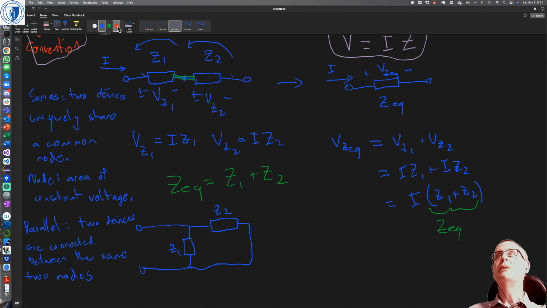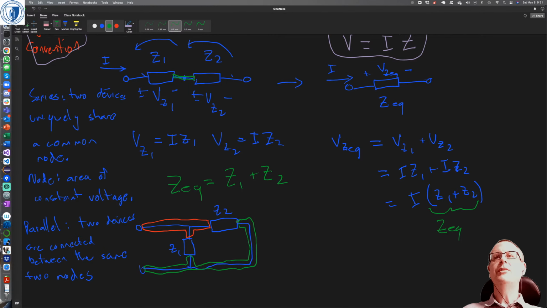Okay, so let's just check that out. So here's one node, and both Z1 and Z2 are connected to it at one end. And here's another node, and both Z1 and Z2 are connected to it at their other ends. Okay, so these two devices are in parallel.